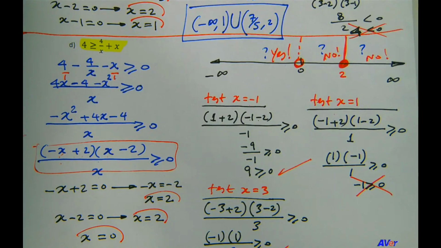So it would not check out. And also this one, x equals 3, plugging in negative 3 plus 2, 3 minus 2 over 3. So that's negative 1, positive 1, and 3.